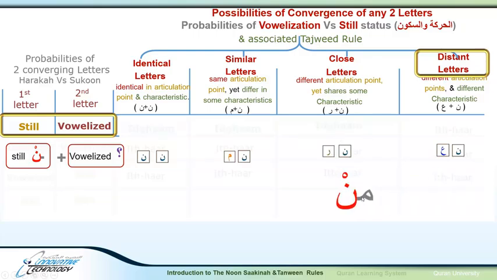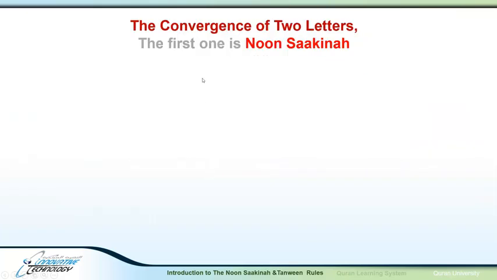If we have a Noon Sakinah, Min, and then we have Rabbihim, Ra coming after the Noon Sakinah. So the first letter is Noon Sakinah, still, and the second letter is a Ra with Fatha, vowelized. Then such convergence between this Noon and Ra would result in a special Tajweed rule called idgham. And that's basically the topic of this introduction.